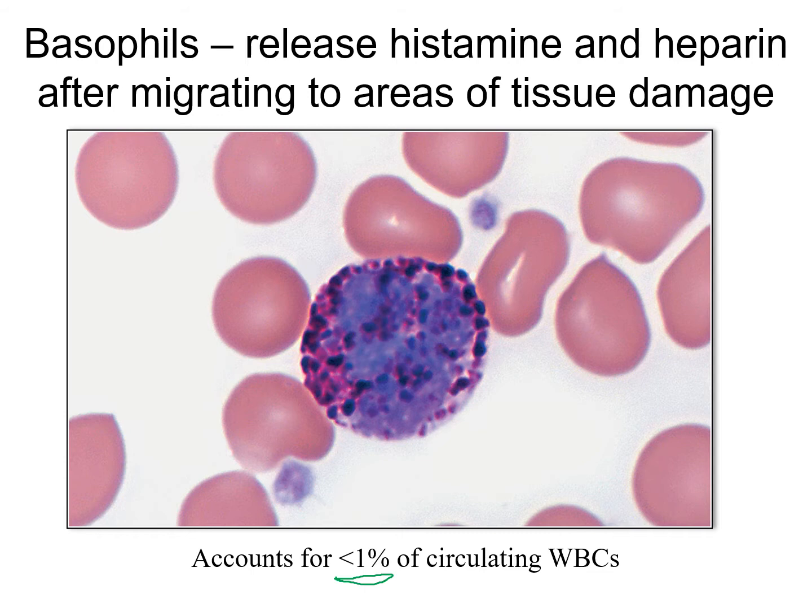That's not to say they're not very important, however, because as you note from the slide, this particular white cell produces two different important chemicals. One is called histamine and the other is called heparin. Let's talk a little bit about histamine first. You probably have all taken at some point in your life an antihistamine.